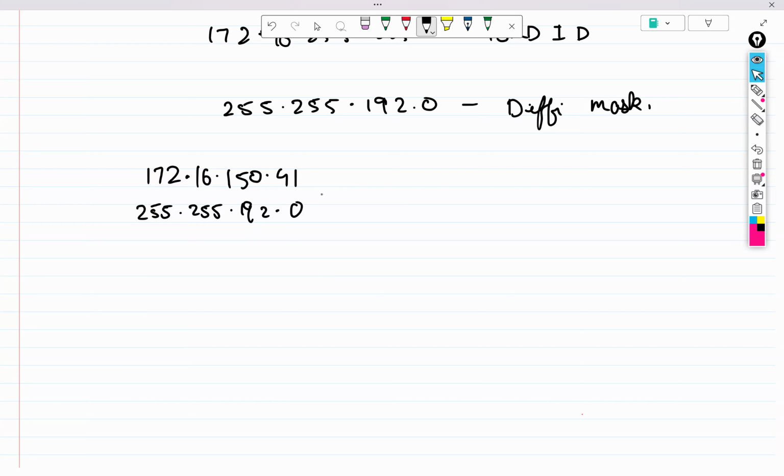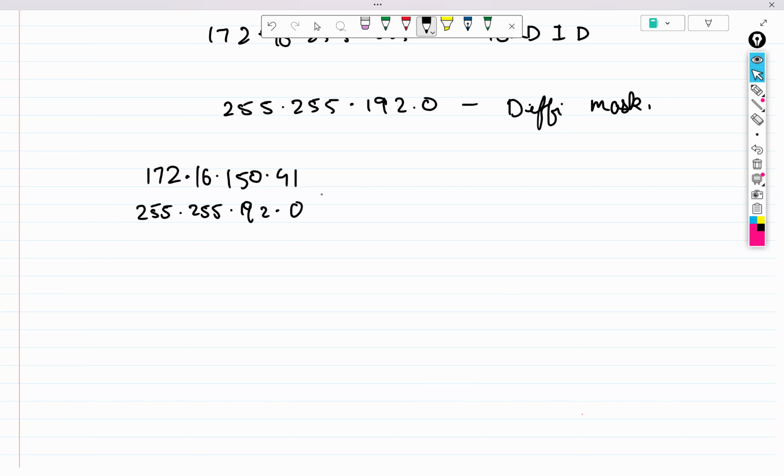Where does the subnet start? Where does the subnet end? How many subnets are there? And in each subnet, how many hosts are there? You can calculate all that. In yesterday's class, we understood the calculation of the number of subnets and the number of hosts per subnet, right? And in today's class, we will go even deeper into that.